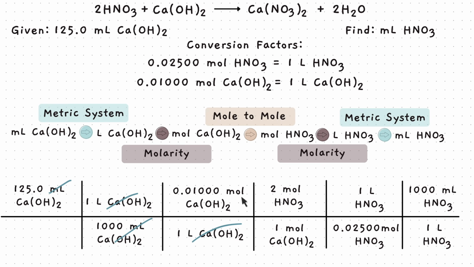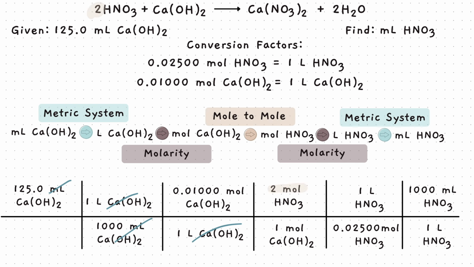We now will change the compound by using a mole-to-mole ratio, which is found using the coefficients in our balanced chemical equation. We know the moles of calcium hydroxide go on the bottom since we always align the same units across from each other. And the moles of nitric acid will go on top.